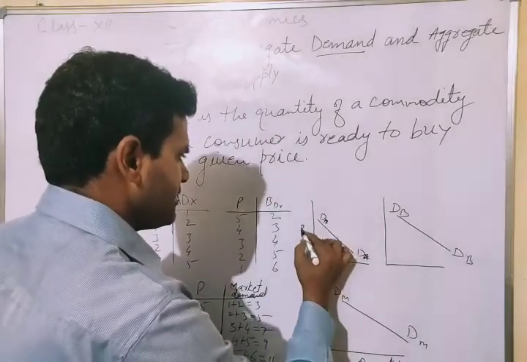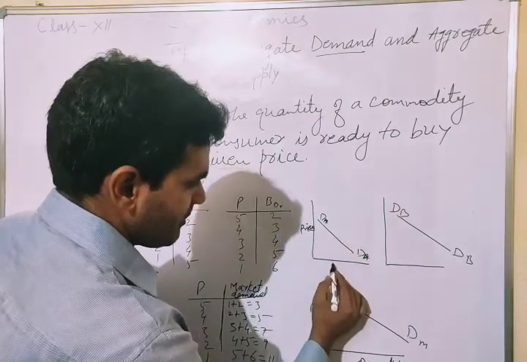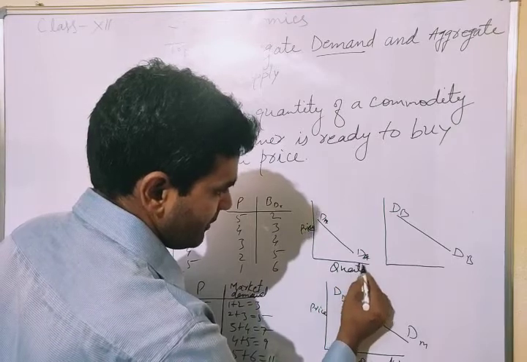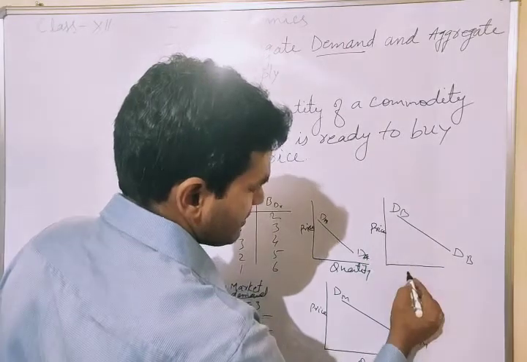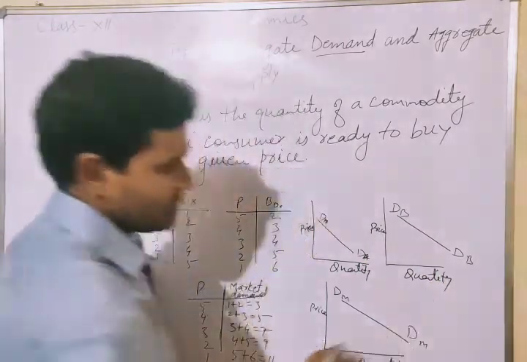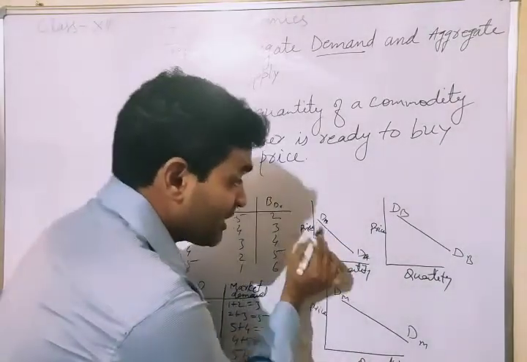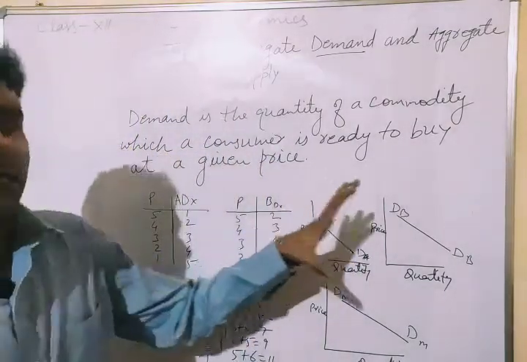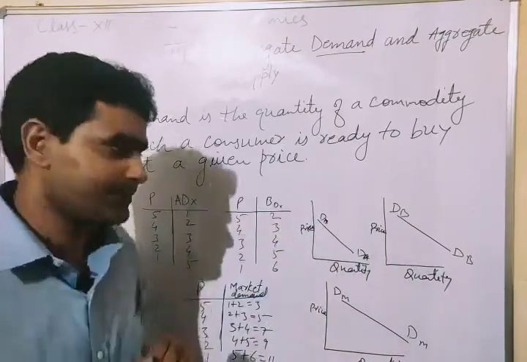At every stage, whether in individual demand for consumer A or for consumer B, everywhere we see the negative, inverse relationship between price and quantity. That is why the demand curve slopes downward. This you have studied in class 11th.